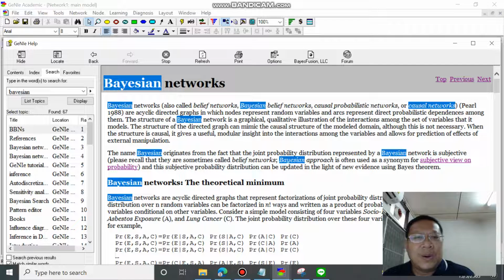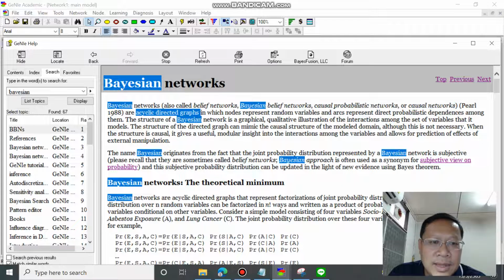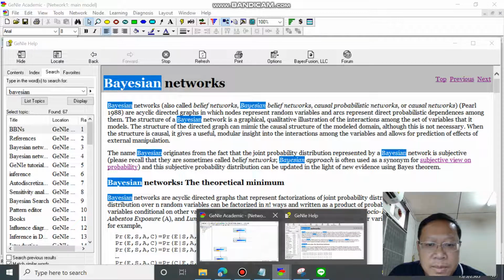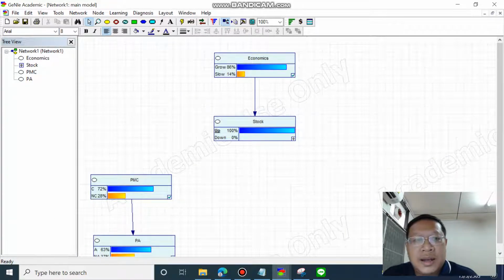A Bayesian network is an acyclic directed graph. An acyclic directed graph, what does it mean? It means that we cannot have arrows that have both directions.